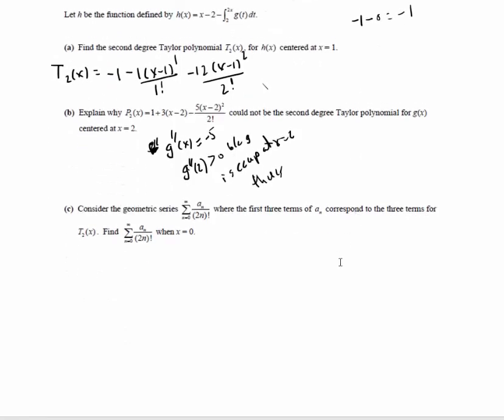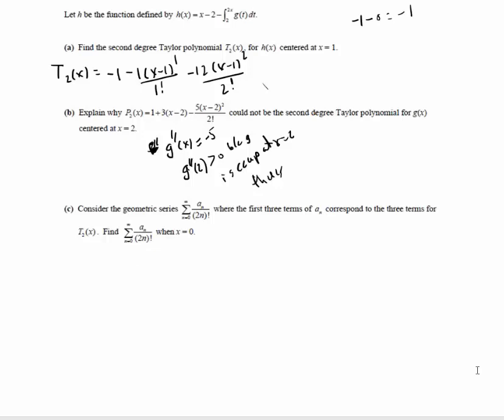All right, for this last one, part C, and yes, we're almost done now. Consider the geometric series, sum of a_n over 2n factorial, starting at n is 0, where the first 3 terms of a_n correspond to the 3 terms for this. Find the summation of this when x is equal to 0.